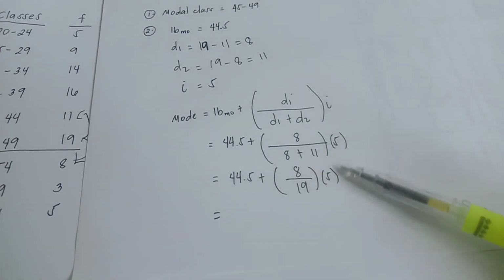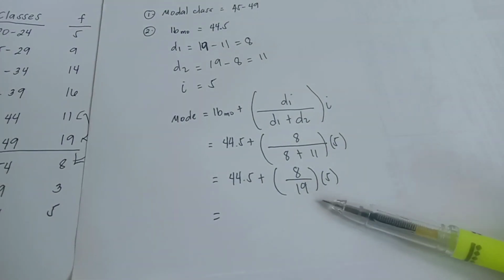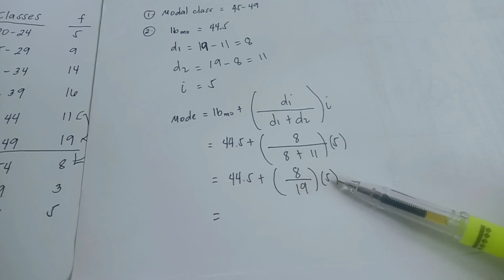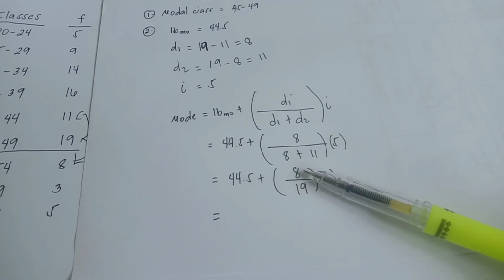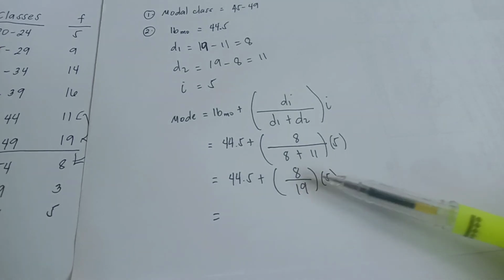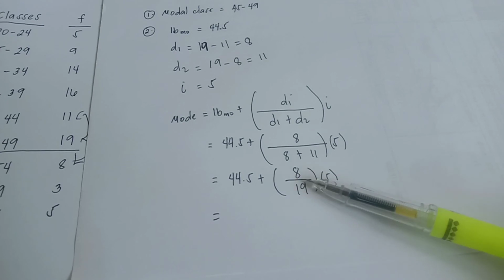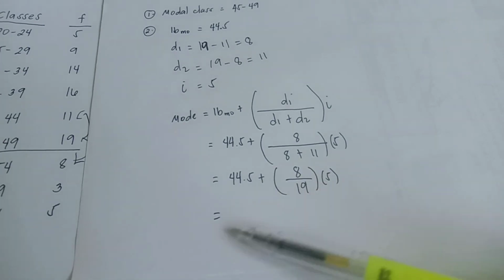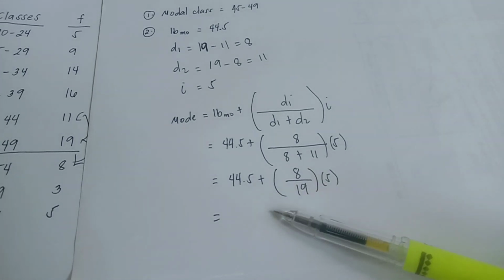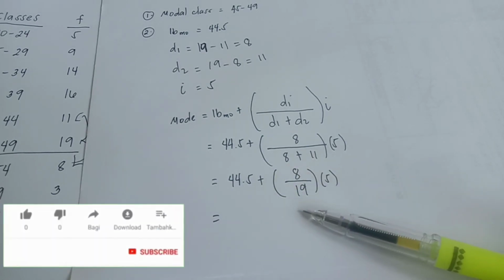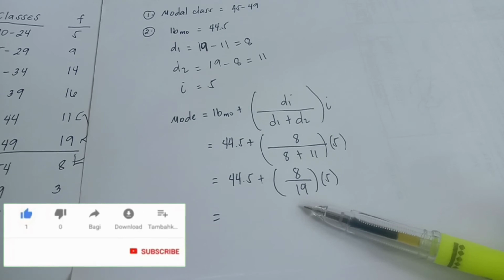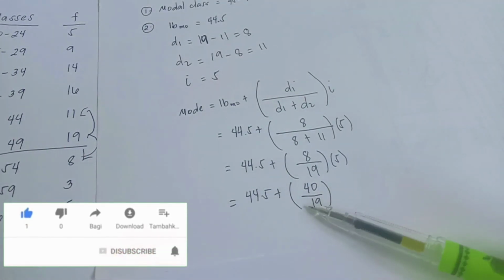Okay, so yan na siya. Sunod, ito naman yung 5. Okay, so 5 times 8 is equal to 40 over 19. So bring down lang natin 44.5 plus 40 all over 19. Okay, so sunod.